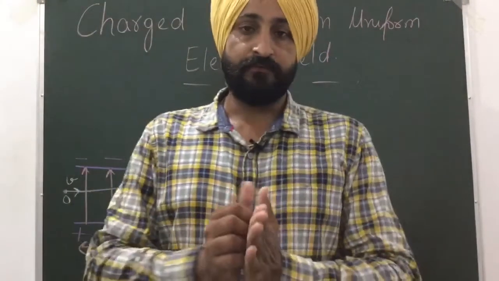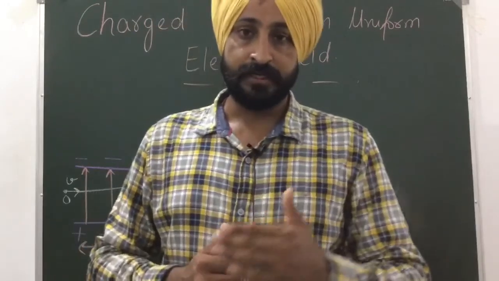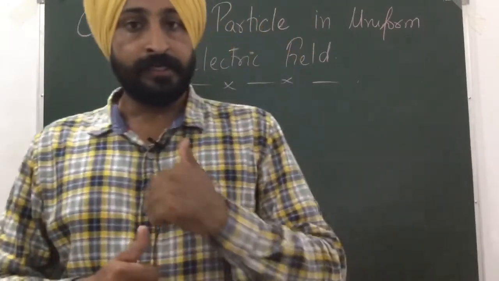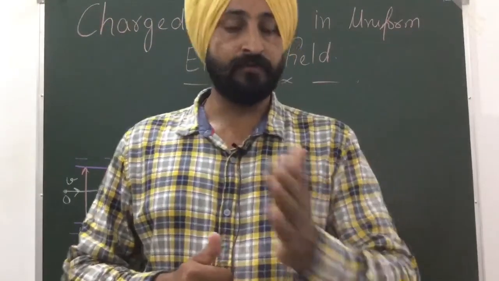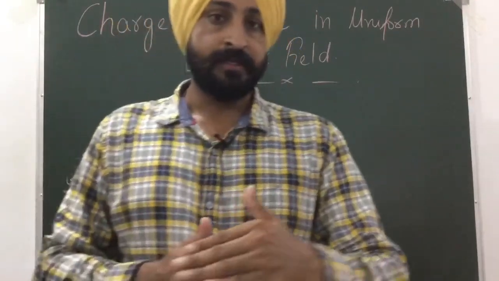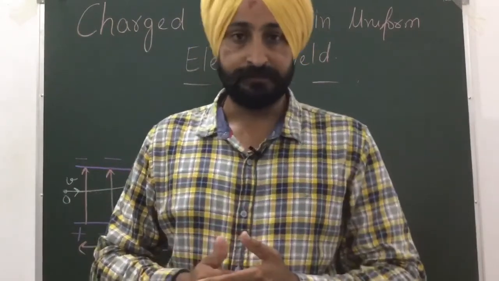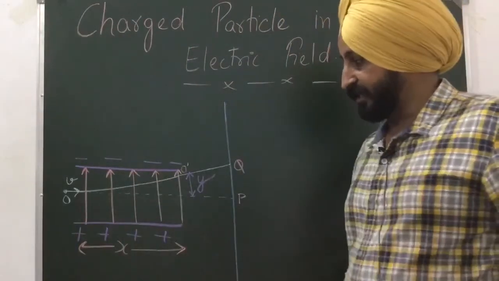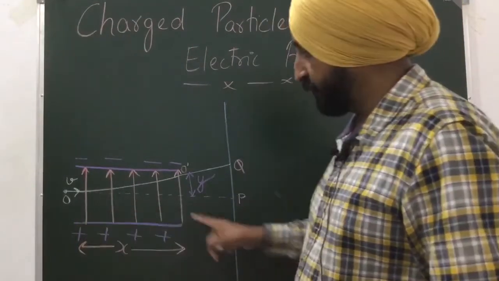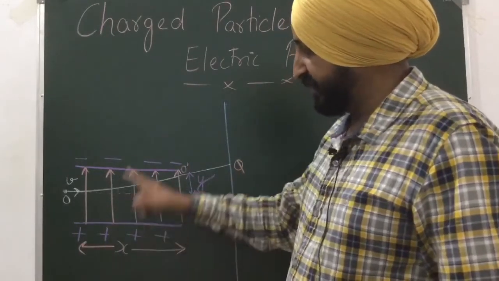See, when a charged particle is moving in an electric field, we will be studying the path that it will be following, and we will be proving mathematically the equation of path followed by that particle. Now coming to this diagram, as you can see here, we have a field set up between two oppositely charged plates.